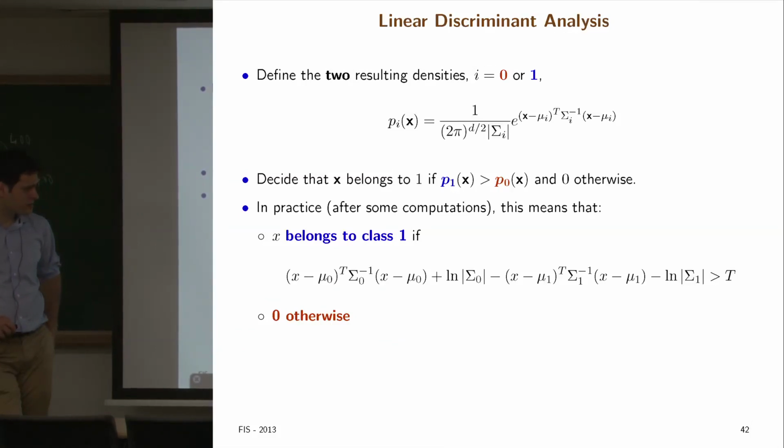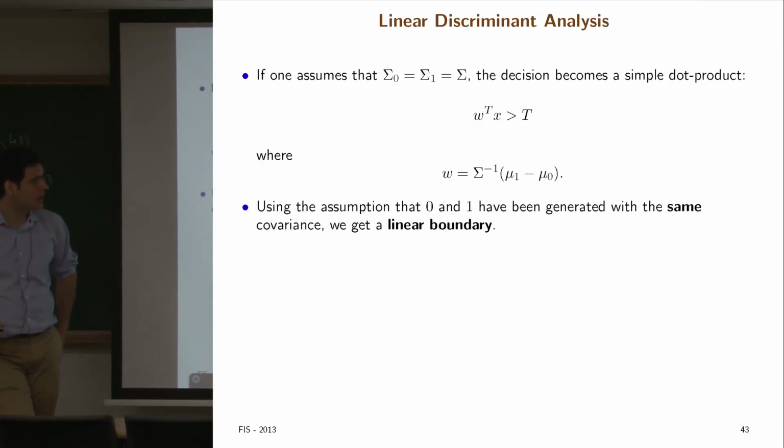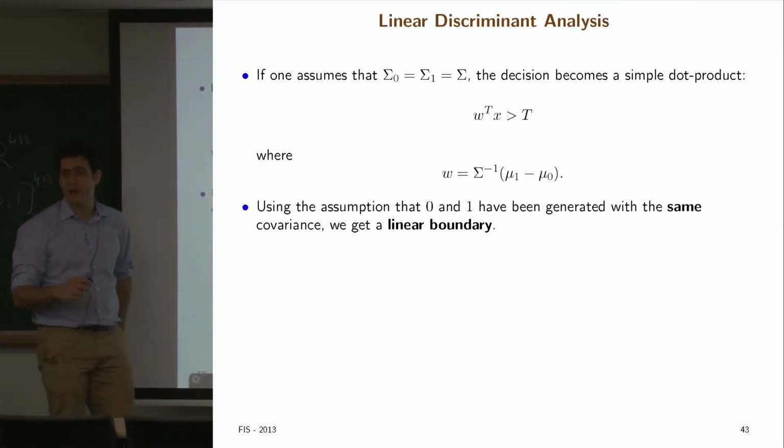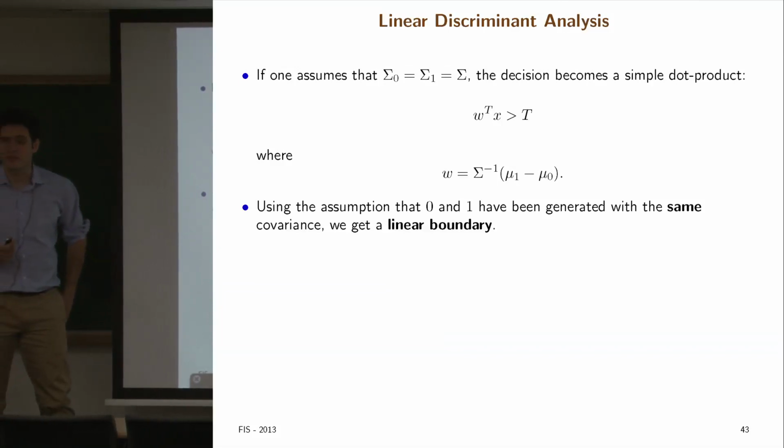So this looks quite easy, but still it's not a linear function, right? If you look at this, this is a quadratic function of x. So this is not a linear classifier yet. It becomes a linear classifier when you assume that the covariance matrices are the same.